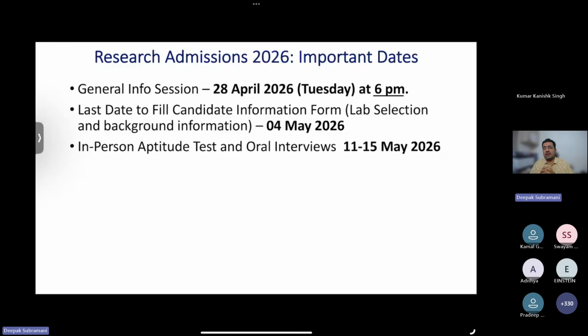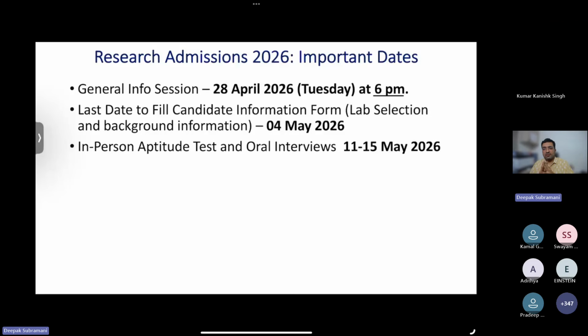The deadline for that is 4 May, next week, so please do that after today's session, after learning sufficiently. The actual interview, the in-person aptitude test and oral interviews, which I'll describe in the next 5-10 minutes, is 11th to 15th of May. These are the most important dates that you must be aware of.